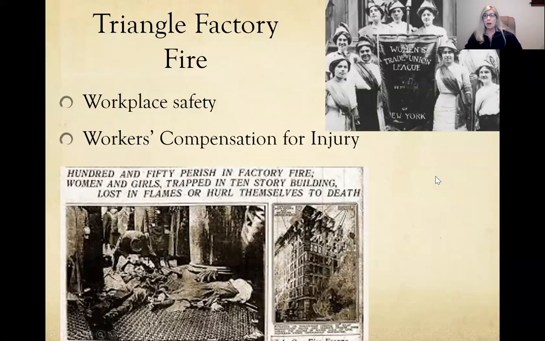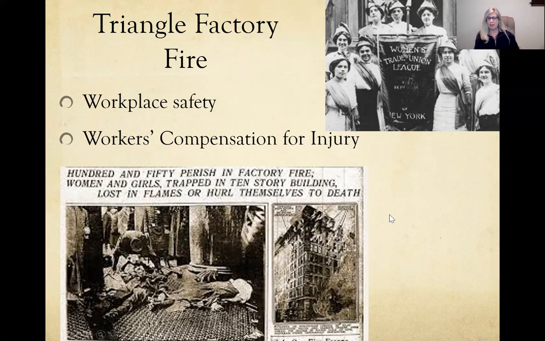Okay, another area of reform is going to be safety in the workplace, and the event that prompts legislation to put in safety standards is a fire that takes place in the Triangle Factory in New York City. So the Triangle Factory was up on like the 8th or the 10th floor of this building. Here it is.